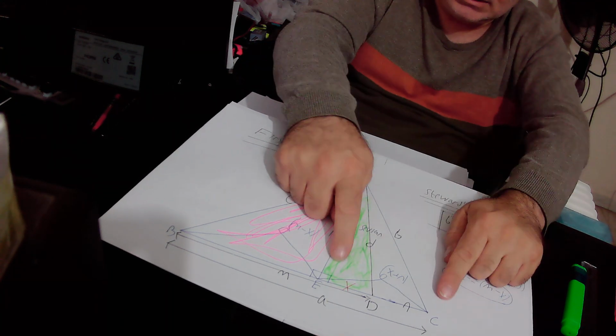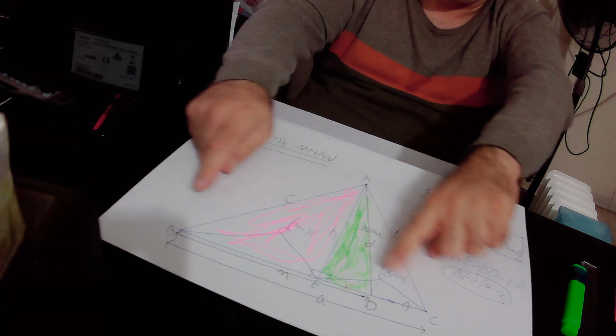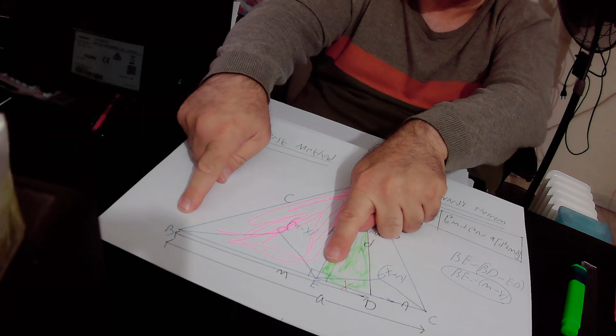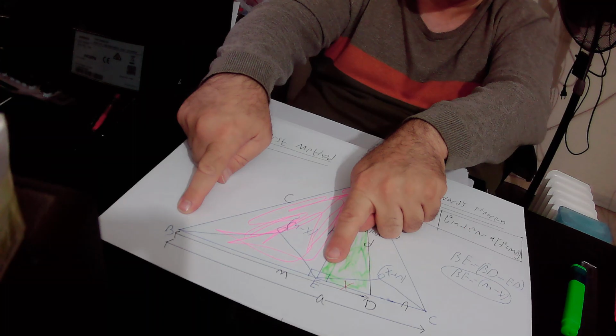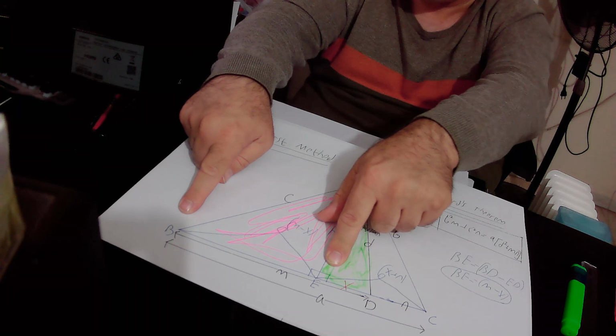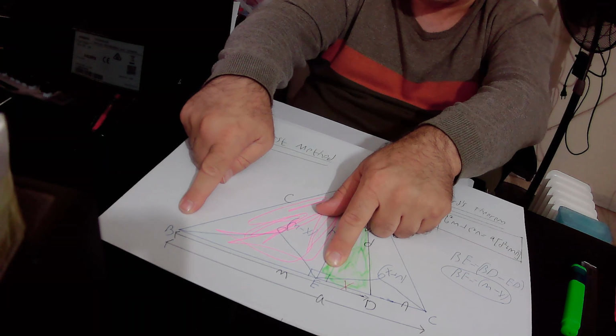And here EC equals x plus n. And BE equals BD minus ED. BD is m, ED is x. Therefore, in total, BE equals m minus x units in its length.